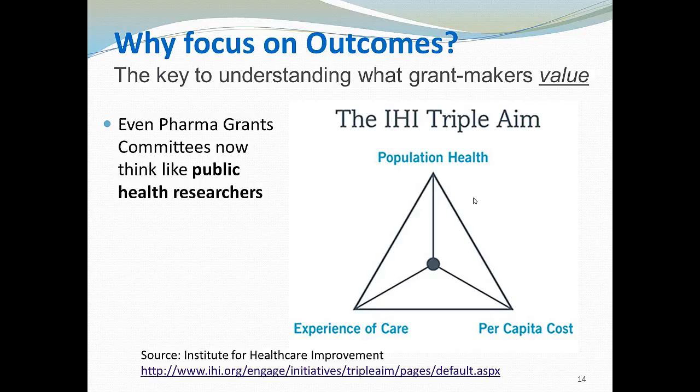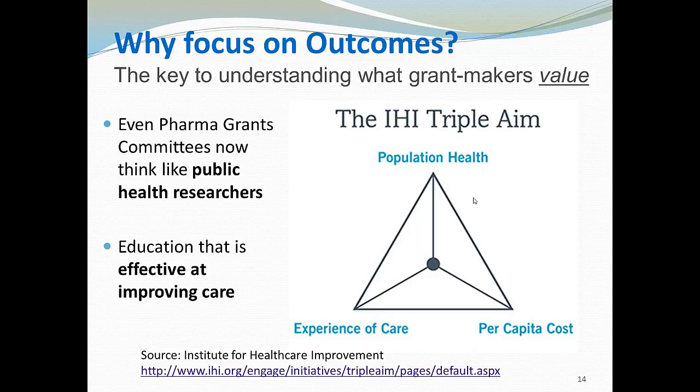And so they are now avowedly thinking like public health researchers, and more often making people who apply for grants compete with each other head to head based on how good the outcomes they can achieve and the reporting of those outcomes. So everyone wants to see education that's effective at improving care.